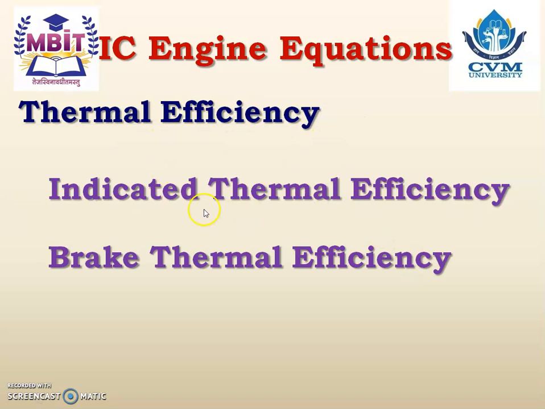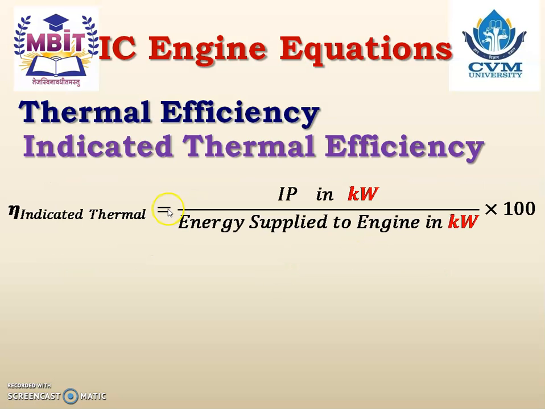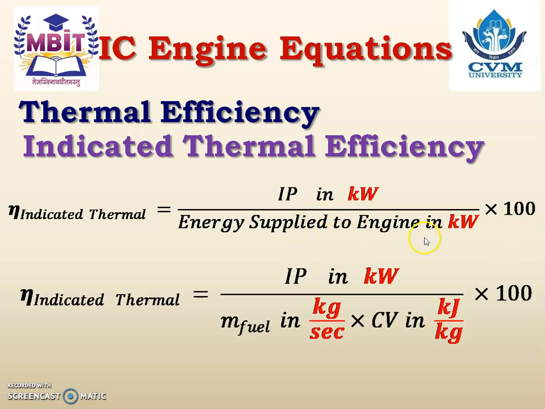Thermal efficiency. There are two types of thermal efficiency that we can calculate: indicated thermal efficiency and brake thermal efficiency. Indicated thermal efficiency is equals to IP, indicated power in kilowatt, divided by energy supplied to engine in kilowatt multiplied by 100. So IP in kilowatt divided by mass of fuel in kilogram per second multiplied by calorific value of fuel in kilojoule per kg multiplied by 100.